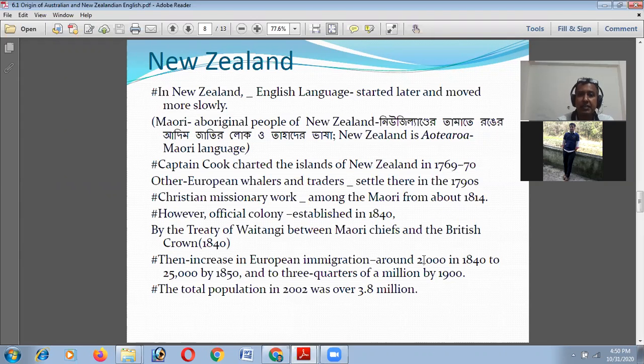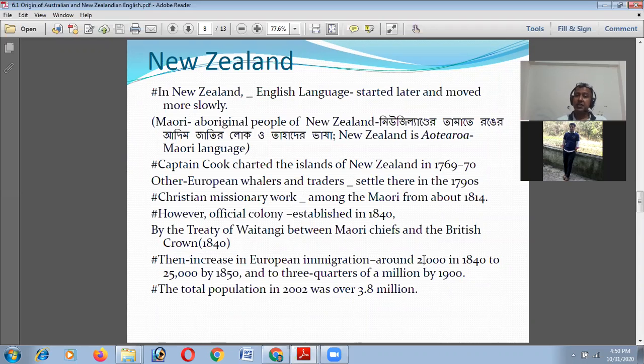Captain Cook charted the islands of New Zealand in 1769 to 70. The same person who went to New Zealand also went to Australia. And other European whalers and traders settled there in the 1790s. So Captain Cook went there in 1769 to 70, and after 20 years, some whalers and traders went to New Zealand as well.